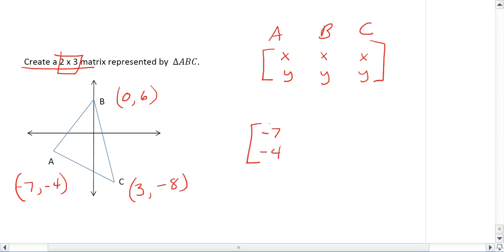The ordered pair from vertex B is (0, 6). And the ordered pair from vertex C is (3, -8). So we have created a 2x3 matrix using the vertices of triangle ABC.